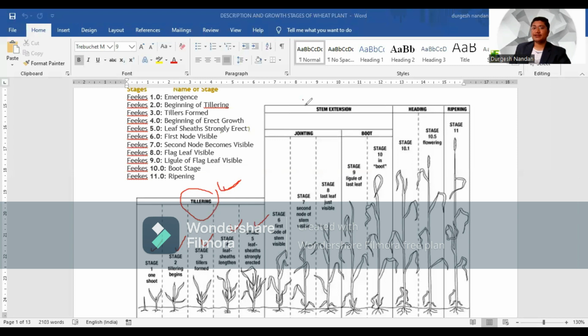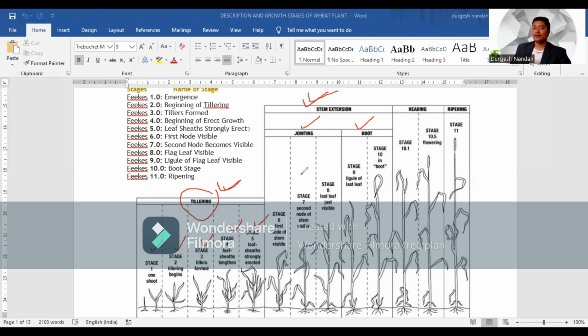Okay, the second phase of growth of the plant is known as stem extension, and in that 2 stages come: one is jointing, and second is booting. In jointing, stage 6 means the first node of the stem is visible, stage 7 the second node of the stem is visible, and stage 8 the last leaf is just visible, up to the flag leaf, which is the last leaf of the stem.